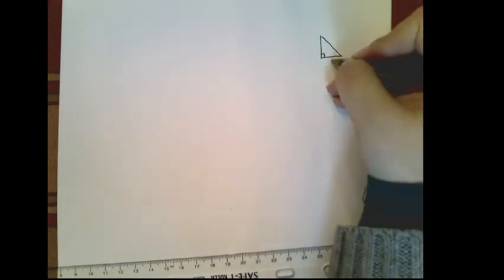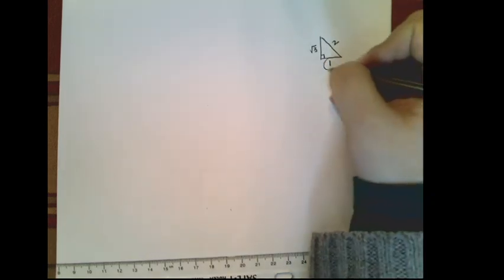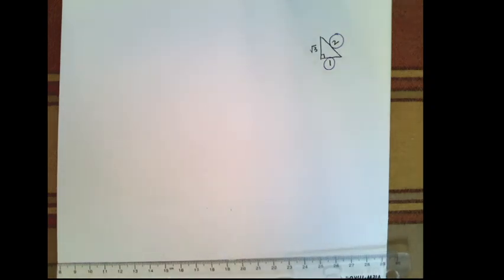The short side was 1 unit, the hypotenuse was 2 units, and the long leg was square root of 3. So the side lengths that we are able to construct are the 1 unit and the 2 unit.